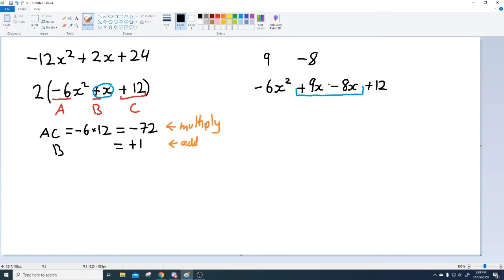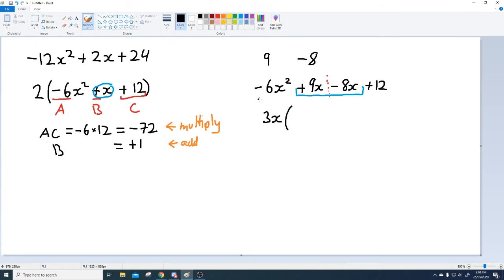Now why did I do that? Because now we can split this in half and factorize the left half and the right half, and you're going to see what happens. So I'm going to factorize this left half first. I want to find stuff that is both in negative 6x squared and in positive 9x. And the answer here is we can factor out a 3x and see what's left over.